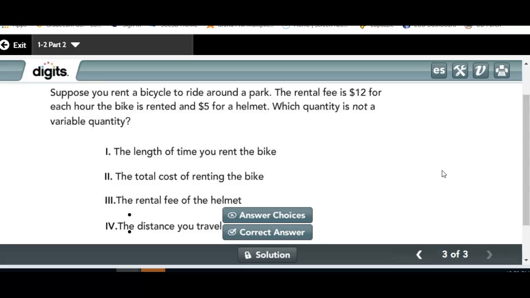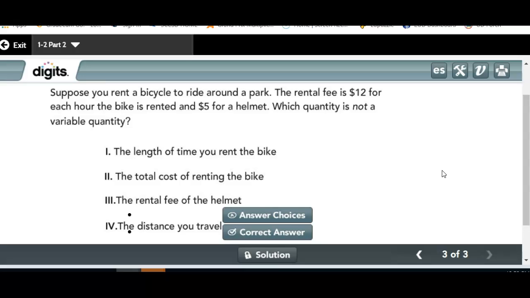Hudson. Okay, I would say it could go both ways. If you're looking at it one time, I want one bike ride and I want for this amount of time. It doesn't change. But if I look at all summer, how long I rent my bike is going to change. Do you agree with that? I would say this is probably more variable quantity, but I could see why it could be a quantity.